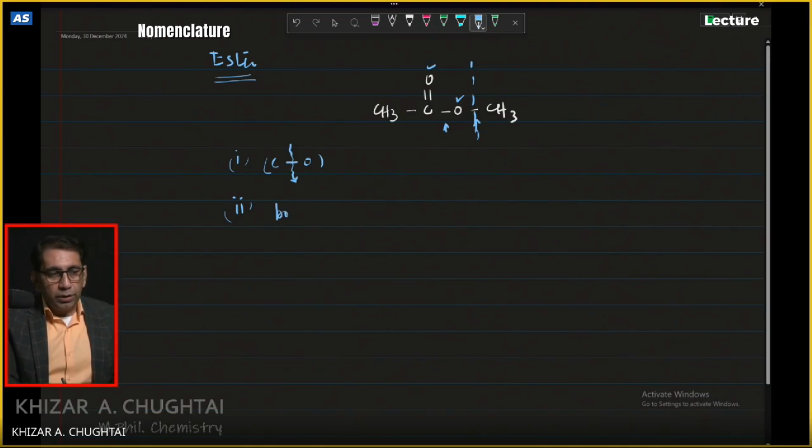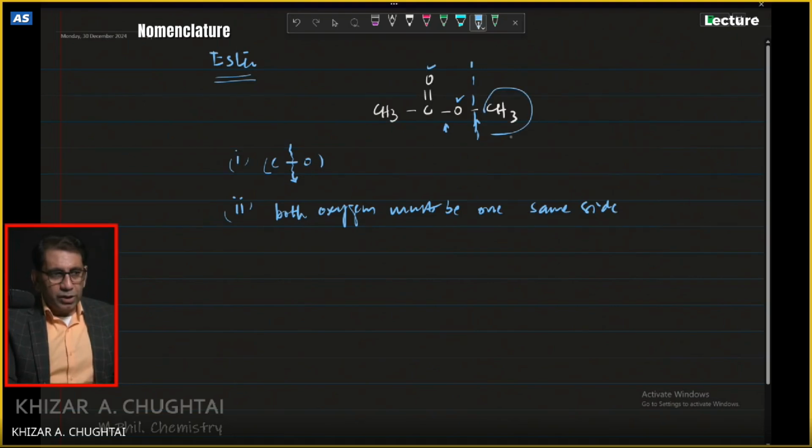Both oxygens must be on the same side. That's all. This is the trick basically.